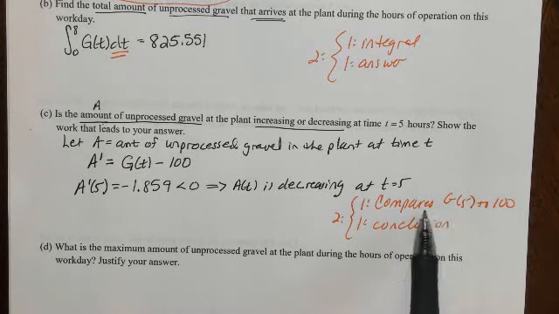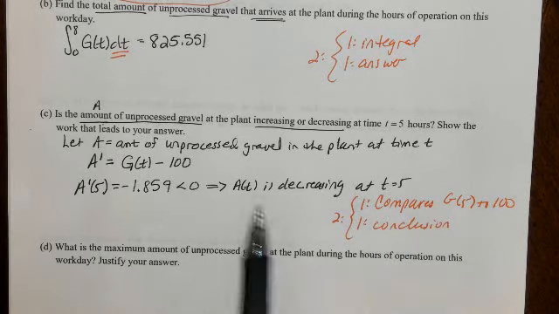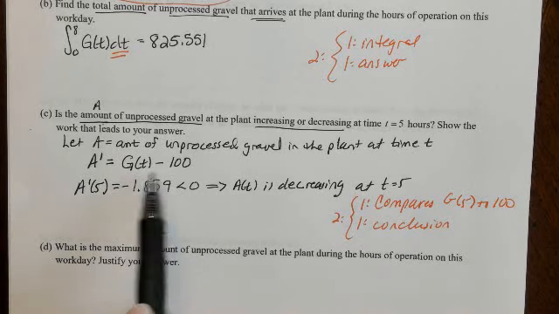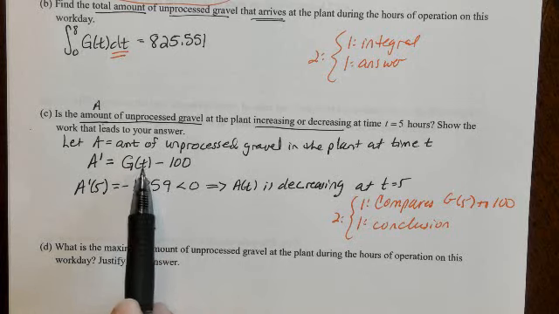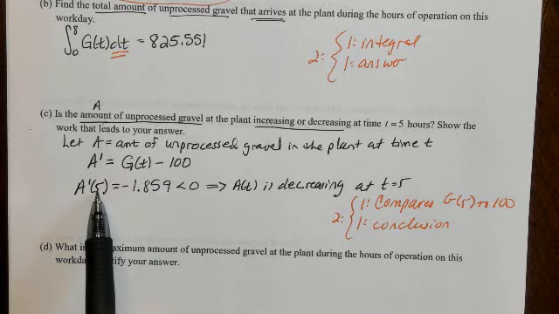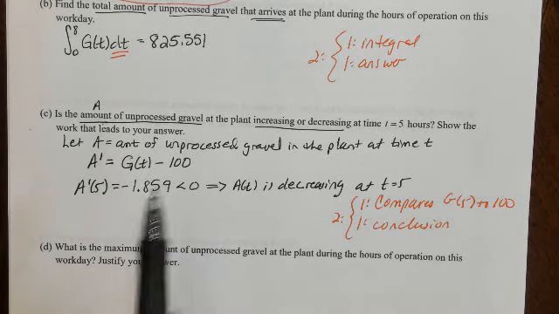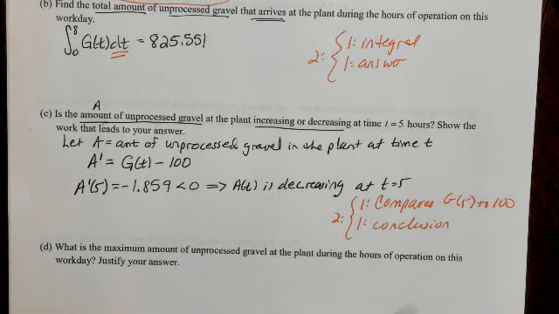I say that would be one way to do this. We kind of did, because G of 5 minus 100 is this. We did in a way, but we just formatted it differently. So we would definitely get full credit for this. Okay?